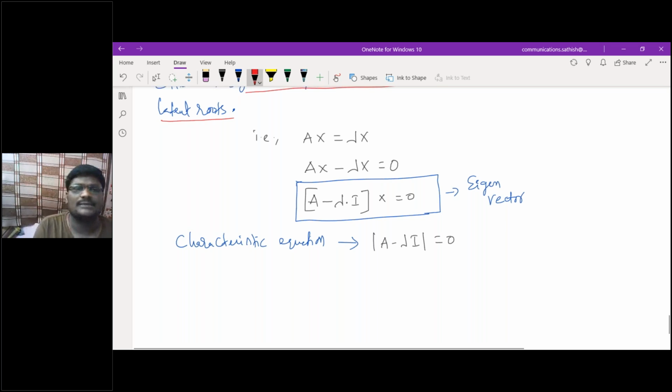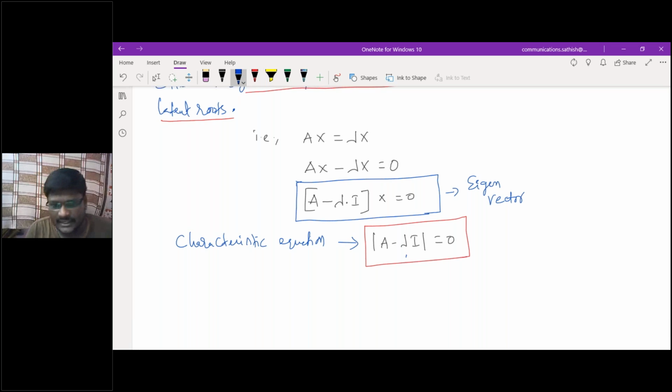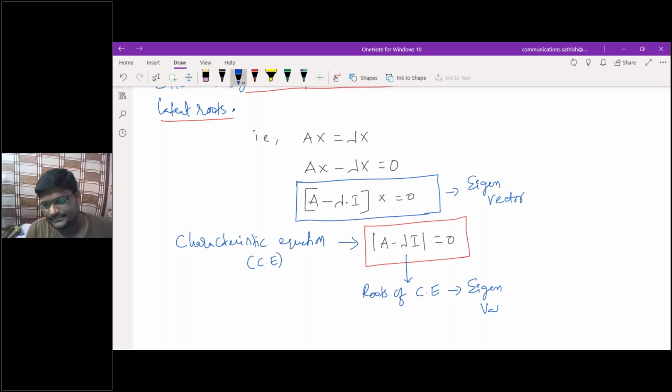I call that the characteristic equation. The roots of this characteristic equation are nothing but your eigenvalues.